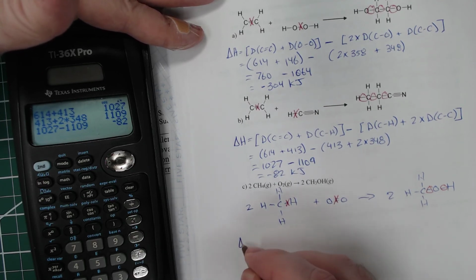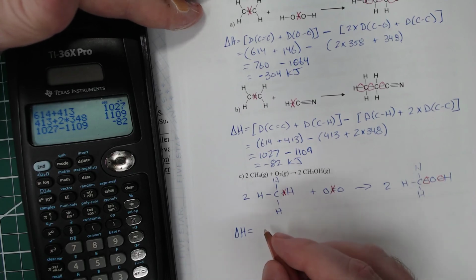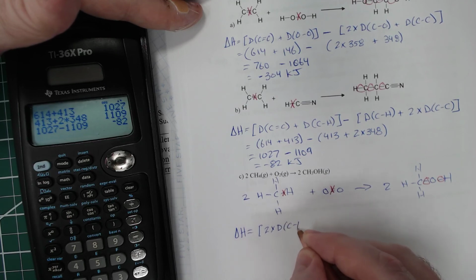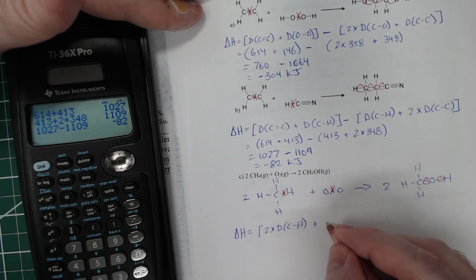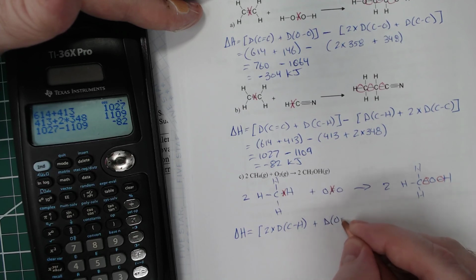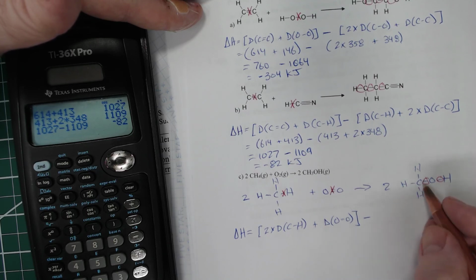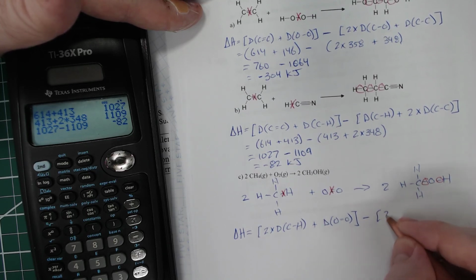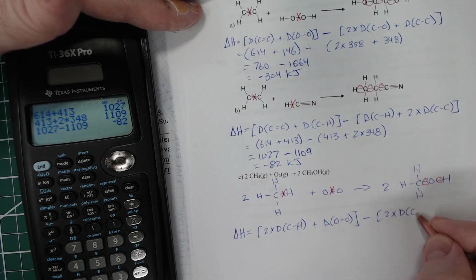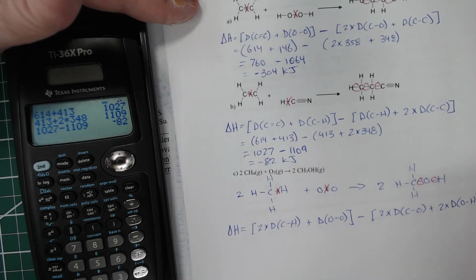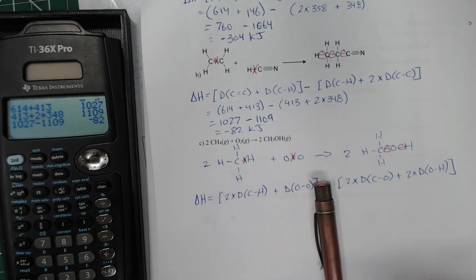All right, so delta H is equal to 2 times the carbon-hydrogen plus the oxygen-oxygen. And the bonds that are formed, we've got 2 times the carbon-oxygen and 2 times the oxygen-hydrogen. And we'll just have to go look up those values.